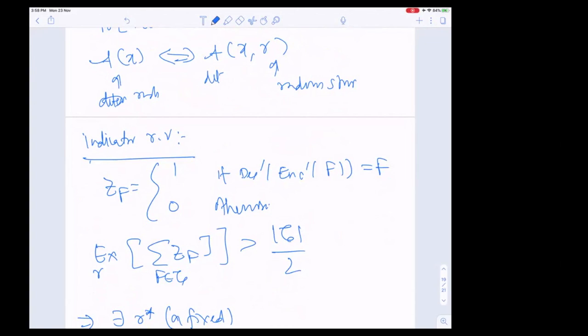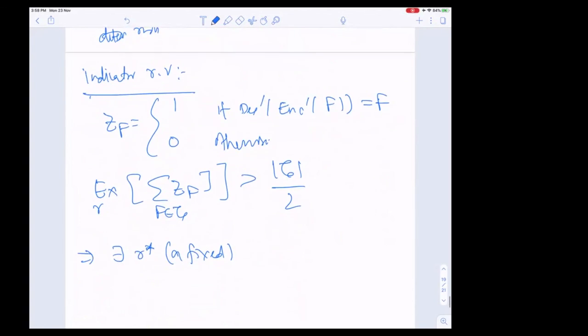So the number of sets for which some particular string works correctly is more than half. So you just fix this R star for which the number of sets on which my decoding algorithm returns correctly is more than half of your sets. So now you do your encoding, decoding, everything with respect to this R star.